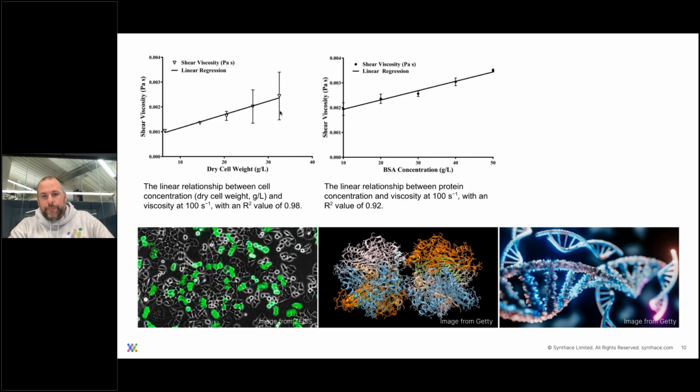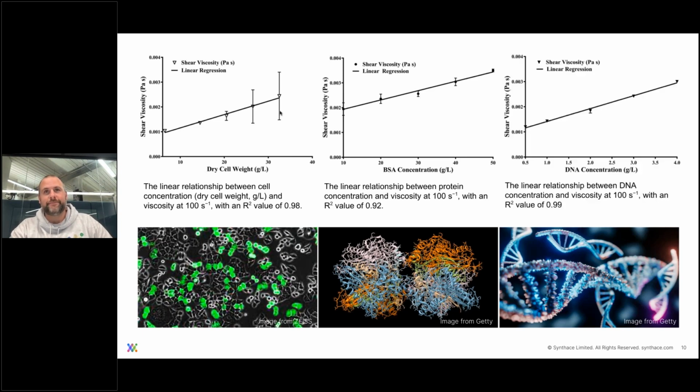The authors also showed a relationship between protein concentration and viscosity. Here they noted that E. coli contains a vast range of proteins, as we all know, and although they differ from BSA, they believed it is rather the total concentration of protein that determines this impact on viscosity. So here they were using BSA as a proxy for total protein concentration.